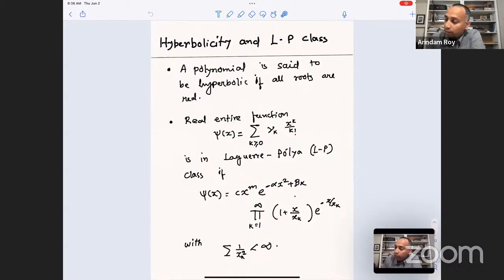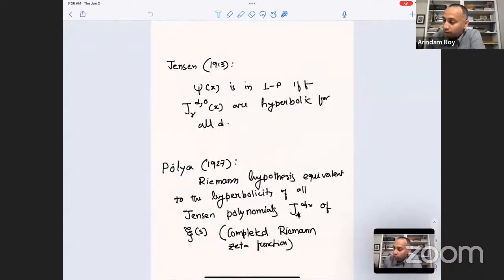Now, what does hyperbolicity of an Ensign polynomial have to do with the Laguerre-Polya class? In 1913, Ensign himself showed that a real entire function psi x is in the LP class if and only if the Ensign polynomials of degree d are hyperbolic for all degrees d.